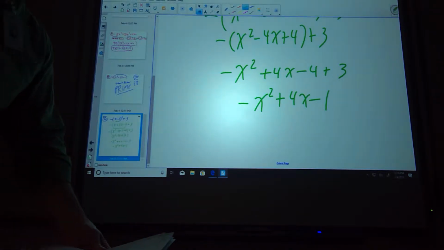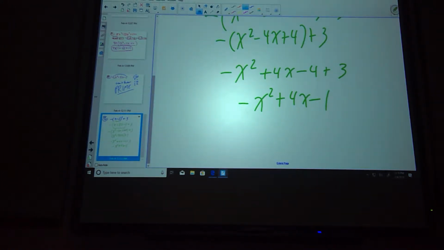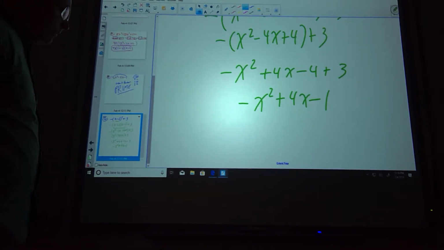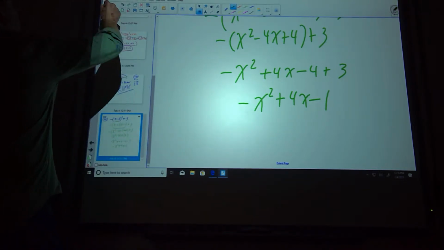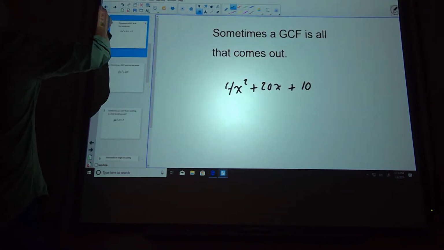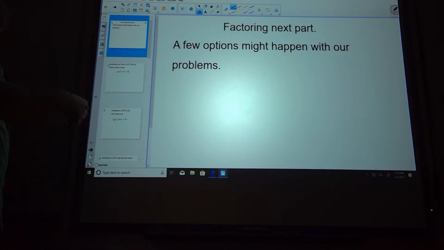All right. So we're going to take a look at just the next steps, and we've already gone through quite a few of them. A few of you have started seeing that some of them can't be factored, so we list the word prime.